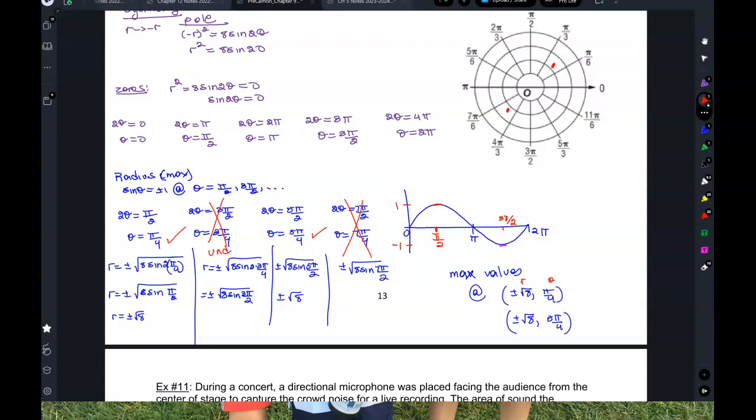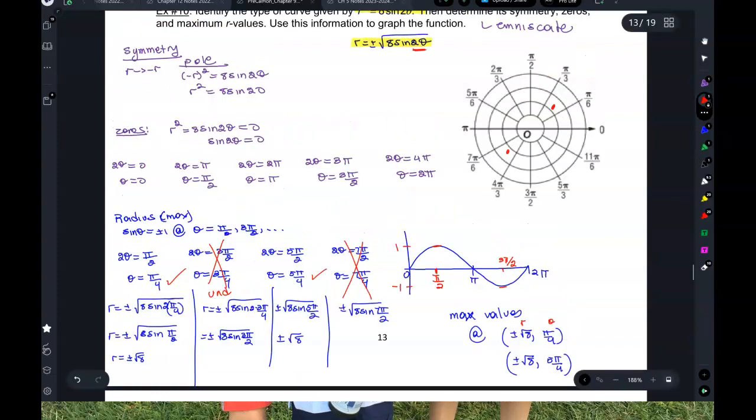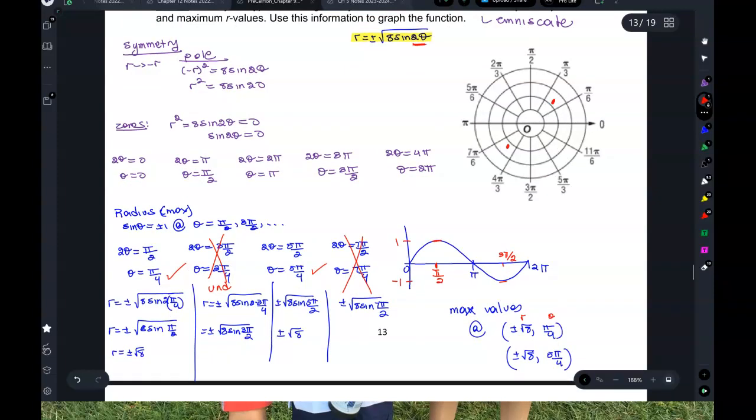Now, it's 0 everywhere else, right? So take a look at how this works. Let's do this. Look. When theta equals 0, the radius is 0 here. At pi over 4, it's the maximum. Then at pi over 2, it's 0 again, right? So it goes from here to the maximum.